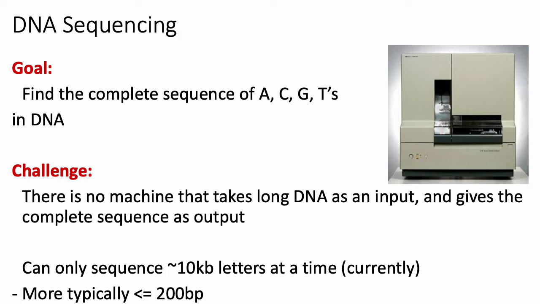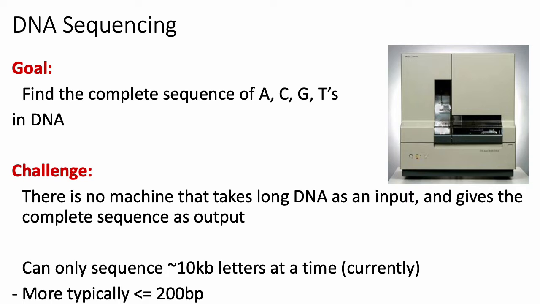And so the goal of DNA sequencing at a super basic level is really just to sequence a chunk of DNA, essentially find the complete sequence of bases in a particular sequence. And the challenge is that there basically is no sequencing technology today that can take in, say, a genome sequence of arbitrary length and just spit out its sequence with high accuracy in one run.